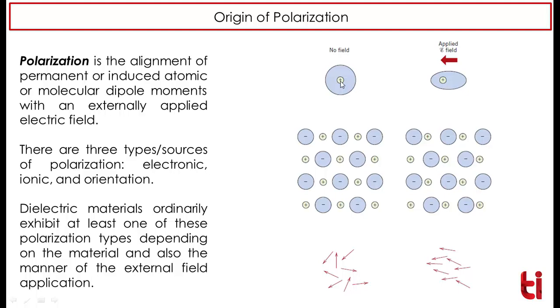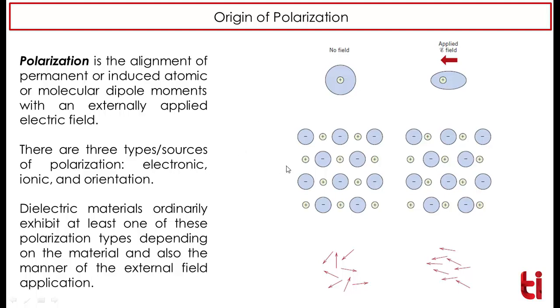So there is no net dipole moment. But when we apply the external electric field, the electron cloud shifts based on the direction of the applied field. As a consequence, the centers of the positive and negative charges no longer coincide. So the material has a net dipole moment, or we can say it has become polarized.